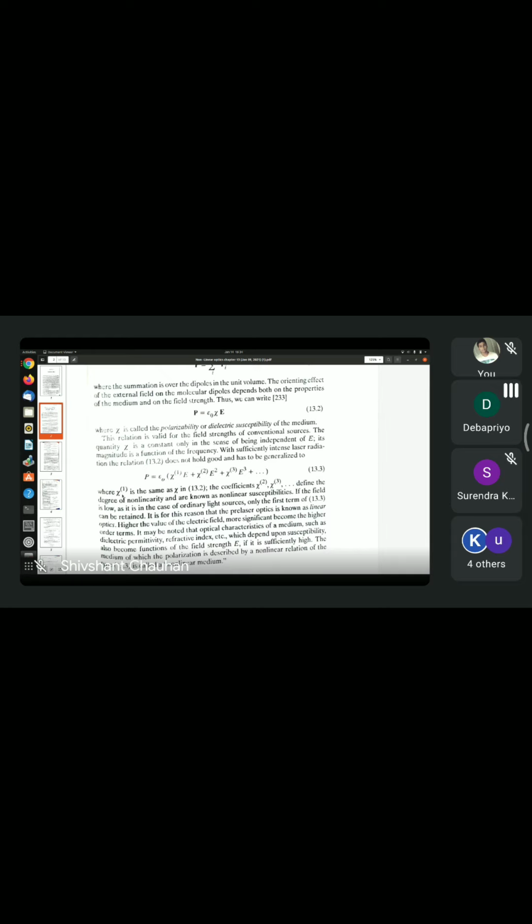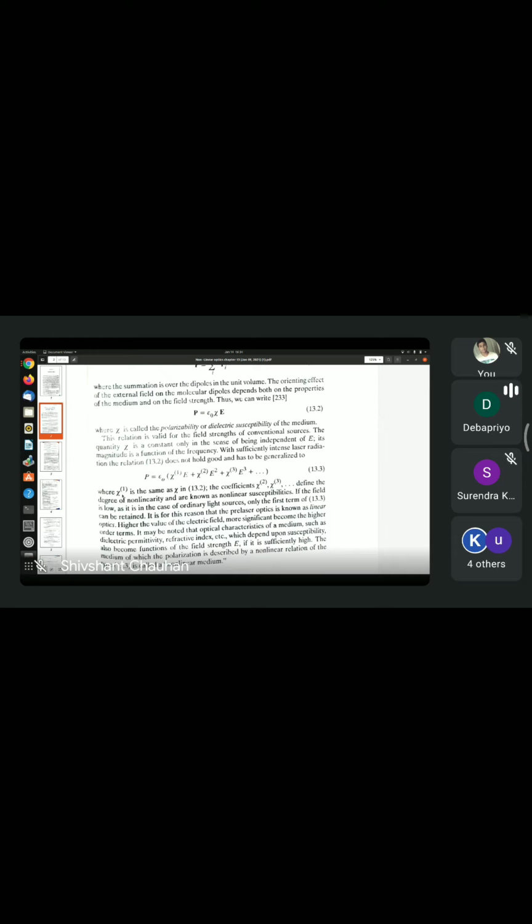Similarly, for the second term, instead of chi 2 E square, for Pi you write the sum over j and k of chi 2 ijk into Ej Ek.